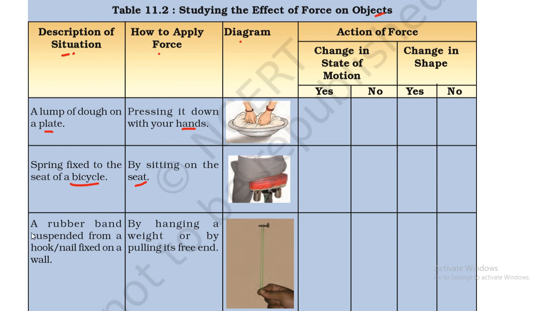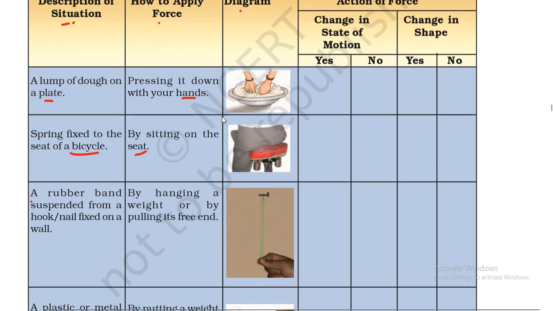Third point: is there any change in state of motion or shape? I hope you know that in these two cases there is no change in state of motion, because it is at rest.